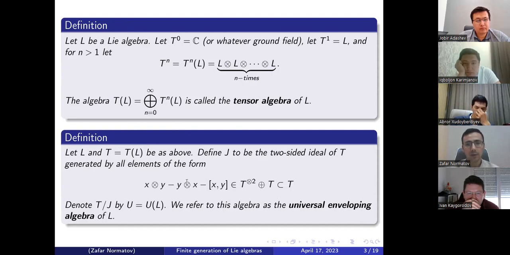Then we define the ideal generated by elements of this form. We denote the quotient of T by this ideal by UL, and we refer to this algebra as the universal enveloping algebra of the Lie algebra.